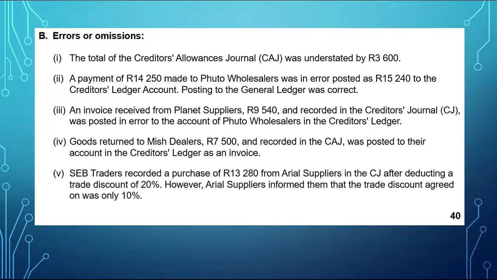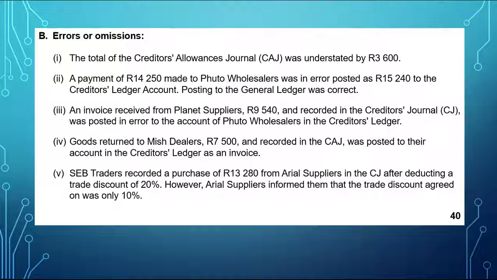It says the total of creditors allowances journal was understated by 3,600. As I've said, understatement means that it was lower than what it was supposed to be by that 3,600. You need to understand that creditors allowances journal is posted to the credit side of the debtors control.